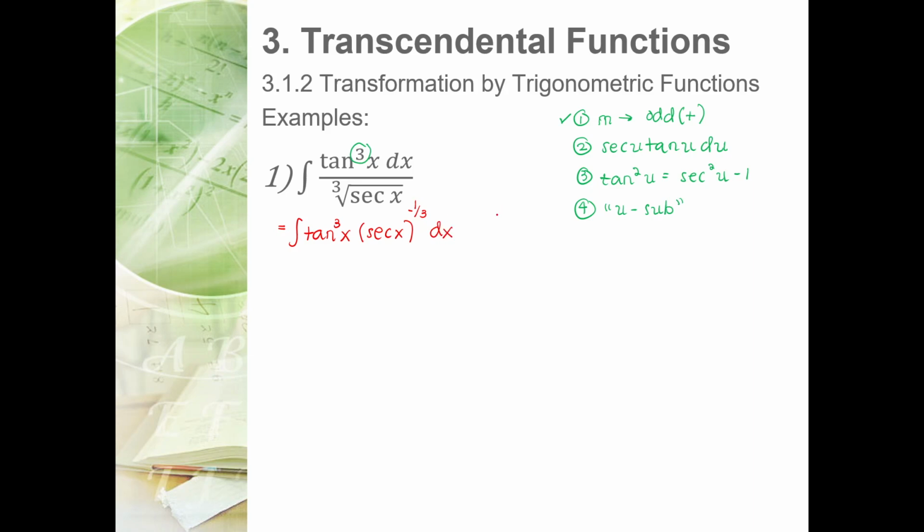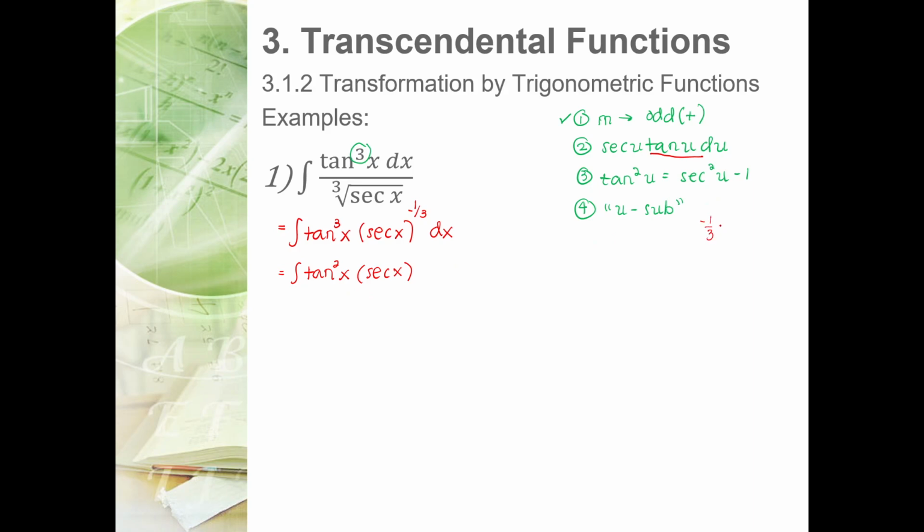dx. Okay, so if you try to factor out again your sec u tan u, this one will be tangent squared because we got one tangent out of it. So how about the second term? If we remove 1 from negative 1/3, how much is it?